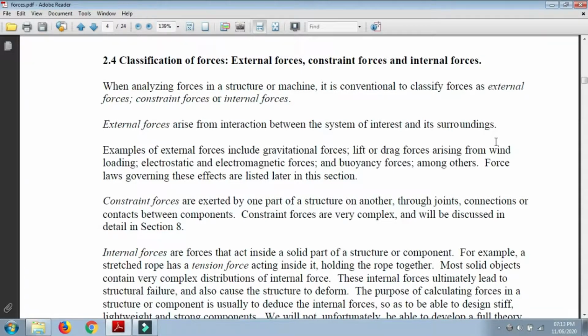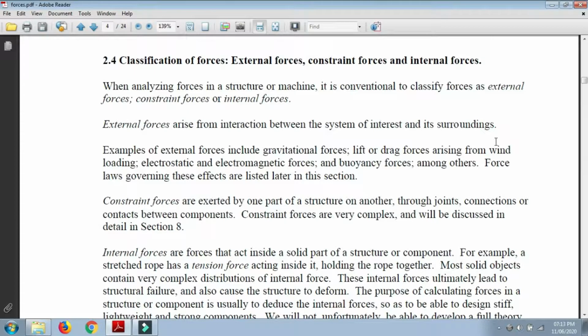Any system of interest that you are undertaking may have forces acting because of some motor being placed there, or some vibrational effects, or something falling down as a result of gravity. All these forces will be termed external forces, arising from the interaction between the system of interest and its surroundings.